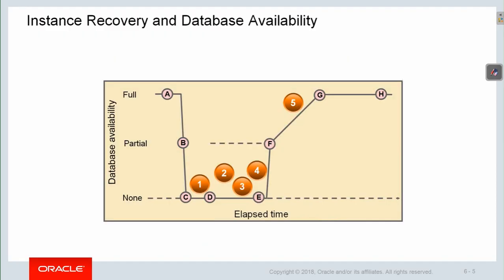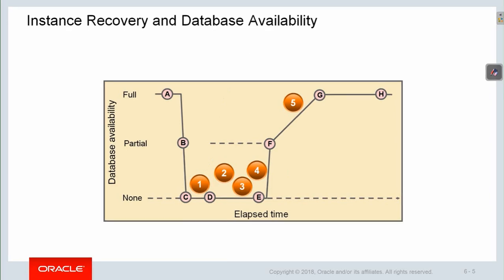As part of instance recovery time in a RAC environment, as you can see in steps 1, 2, 3, 4, at some point your database is not available. But it's a very, very short amount of time. It could be less than 1 second.